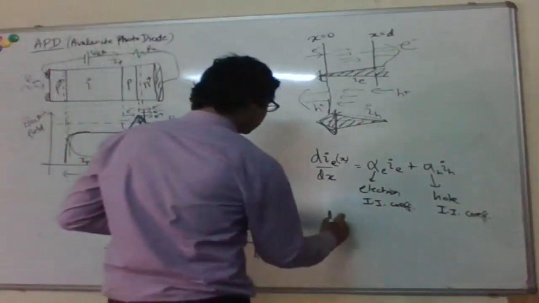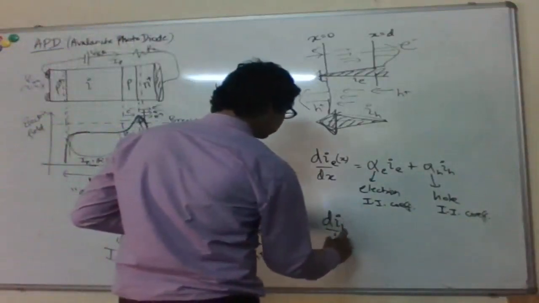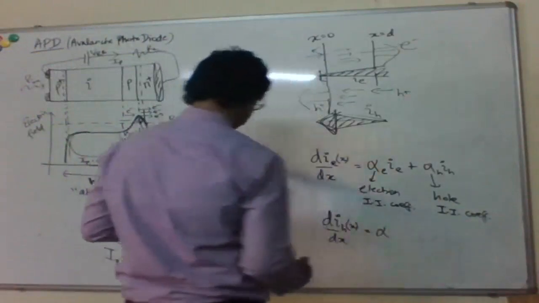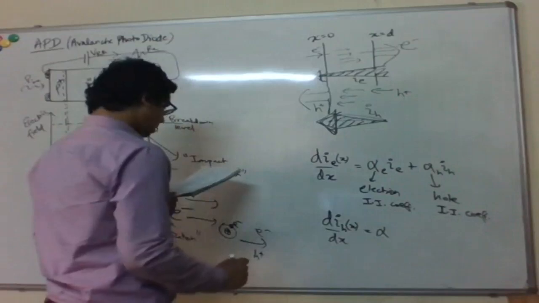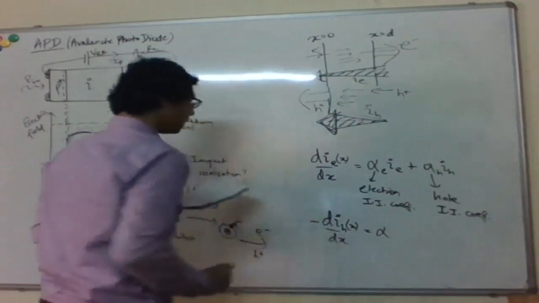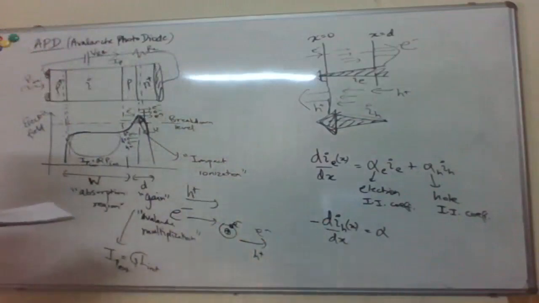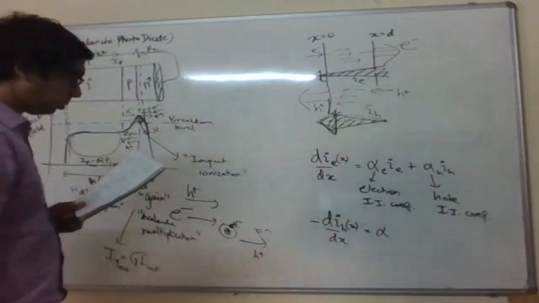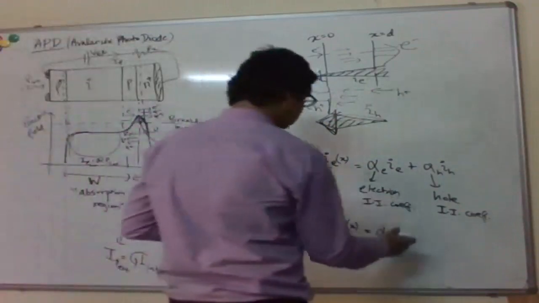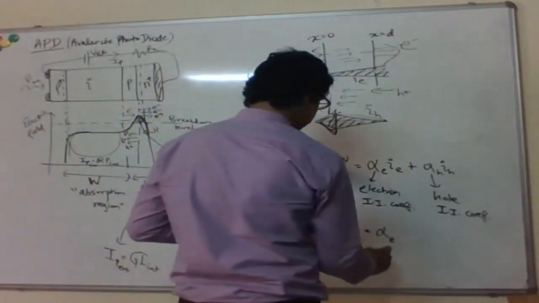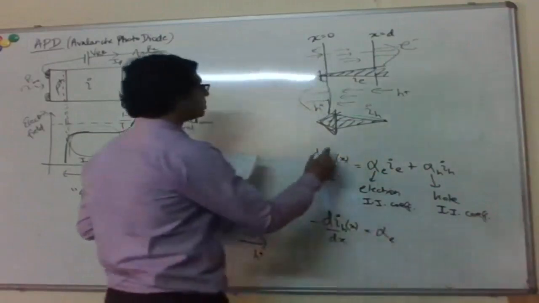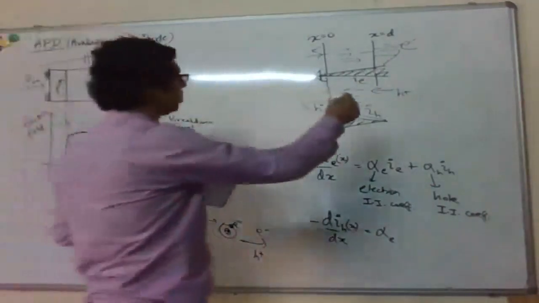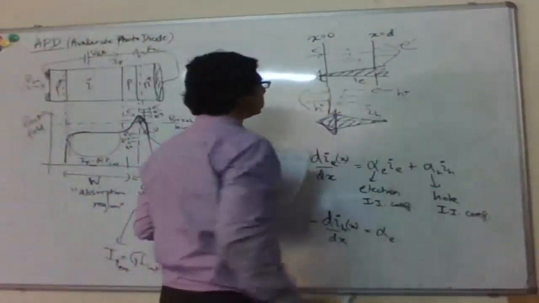Similarly, I can write for the hole current also the same two contributions, except there's a minus sign here because the holes are flowing in the opposite direction. So when I generate more holes, they have a current opposite to the electrons.